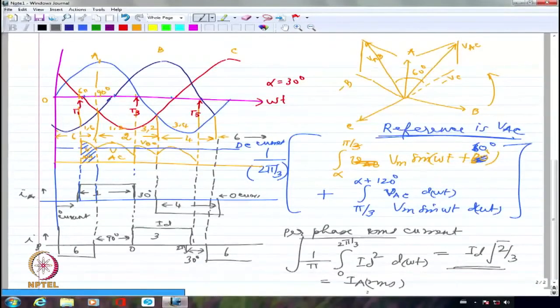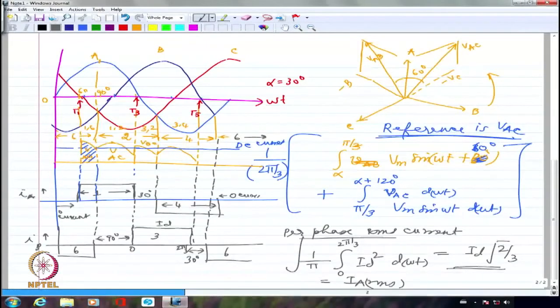But the 3-phase semi-controlled converter, when we go for a little larger values of firing angles, is going to behave a little differently. Let us try to take a look at that.